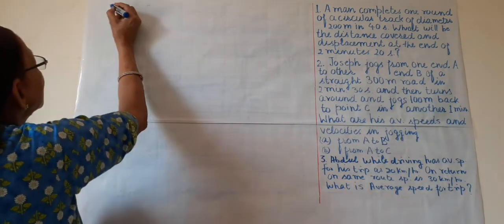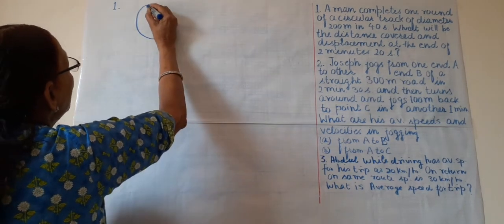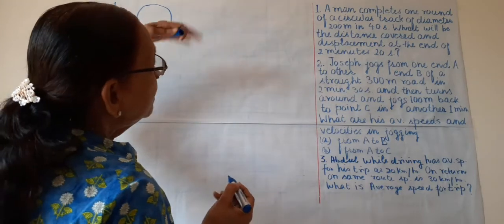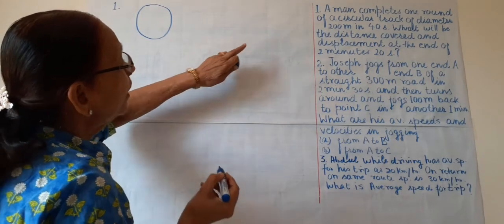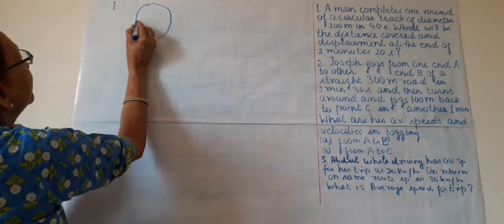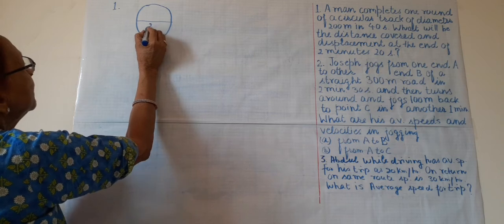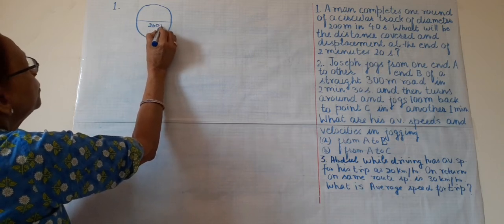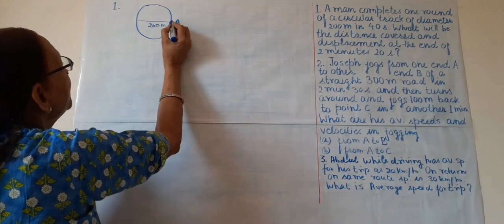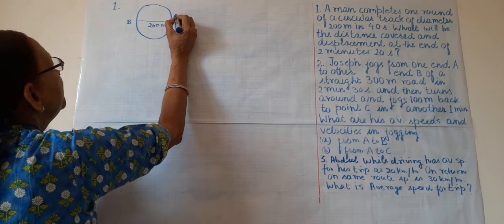So first of all, this is question 1. First of all, I will draw a circular path. A man completes one round of a circular path of diameter 200. So I have drawn this diameter, and this diameter is 200 meters. Suppose the man starts from here, and this is the A point and this is the B point.